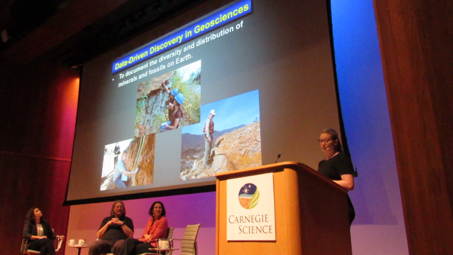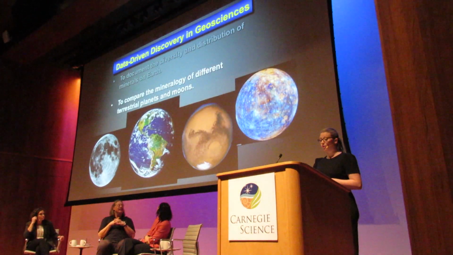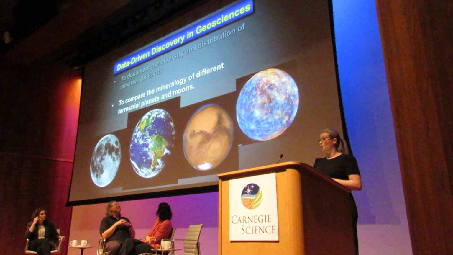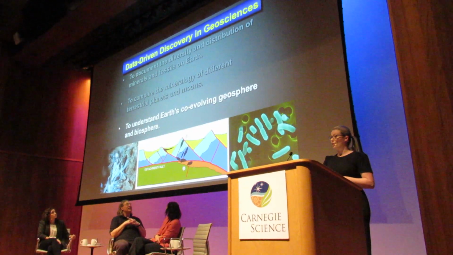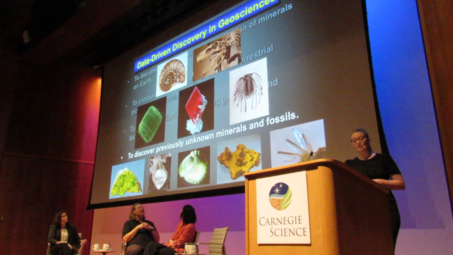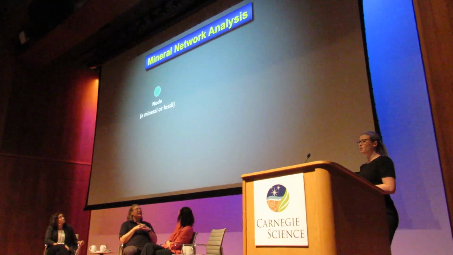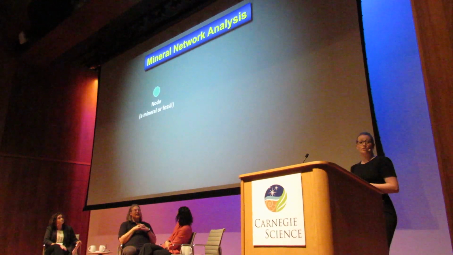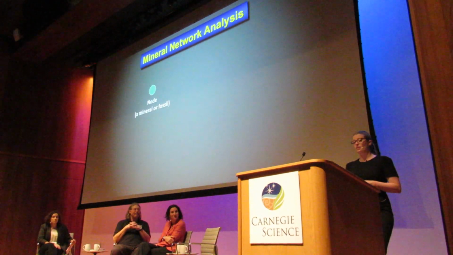Some of the questions that we're interested in answering, or the goals that we're trying to forward, are to document the diversity and distribution of minerals and fossils on Earth, to compare the mineralogy of different terrestrial planets and moons, to understand Earth's co-evolving geosphere and biosphere, and to discover previously unknown minerals and fossils. So let me talk a bit about what networks are. Networks are graphs. They're composed of nodes and links between these nodes.